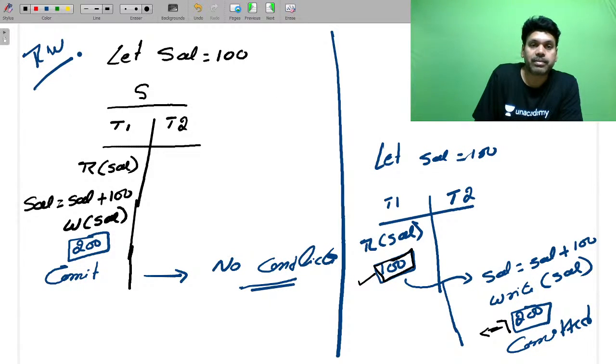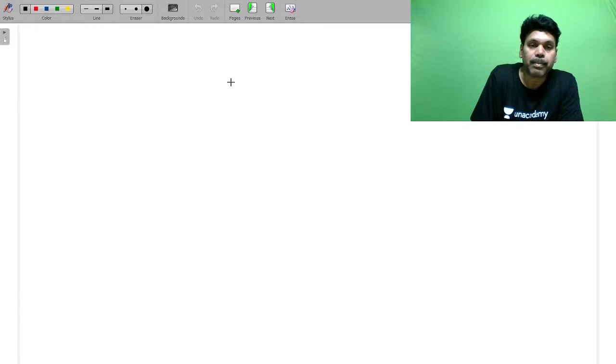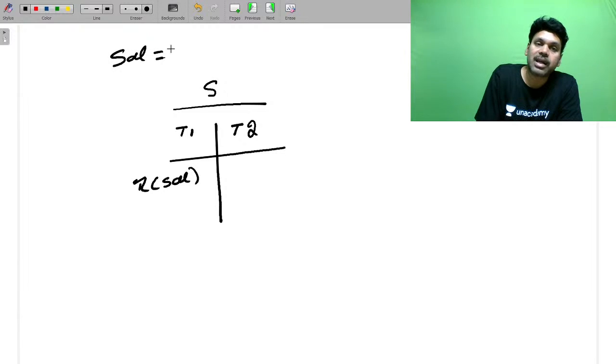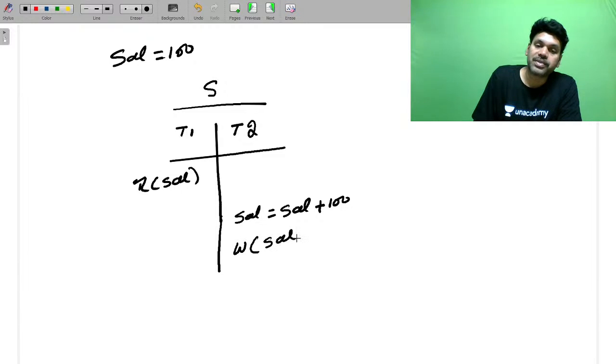Let's cross check. There is a schedule S which consists of two transactions T1 and T2, and I say a read of sal. Initially the salary is 100, and after that he performs sal is equal to sal plus 100, then write of sal.